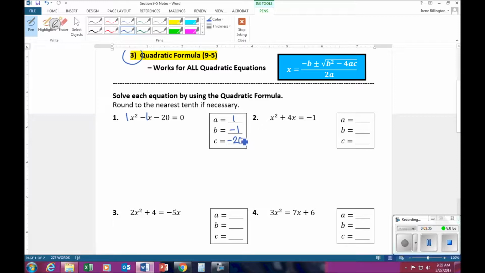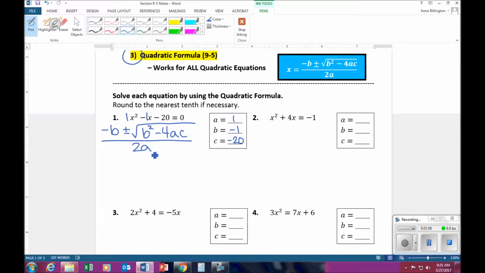So we're going to use our formula. So it's the opposite of b plus or minus the square root of b squared minus 4 times a times c. All of that is being divided by 2 times a. So when I plug all of my numbers in, I'm going to plug everything in using parentheses, okay?